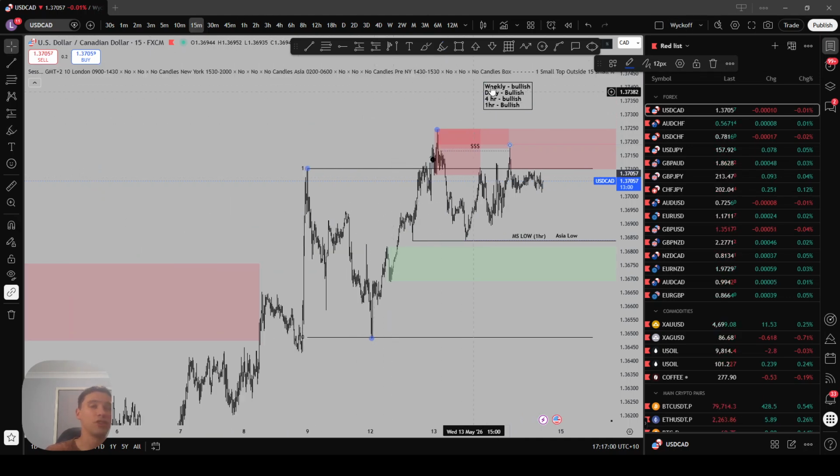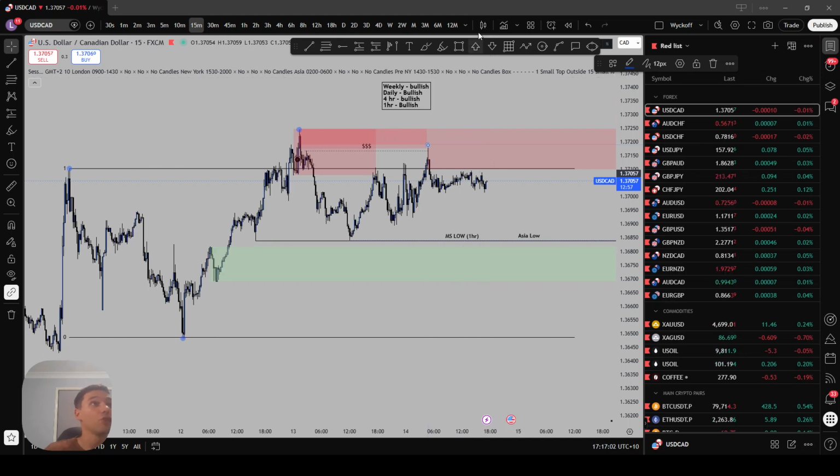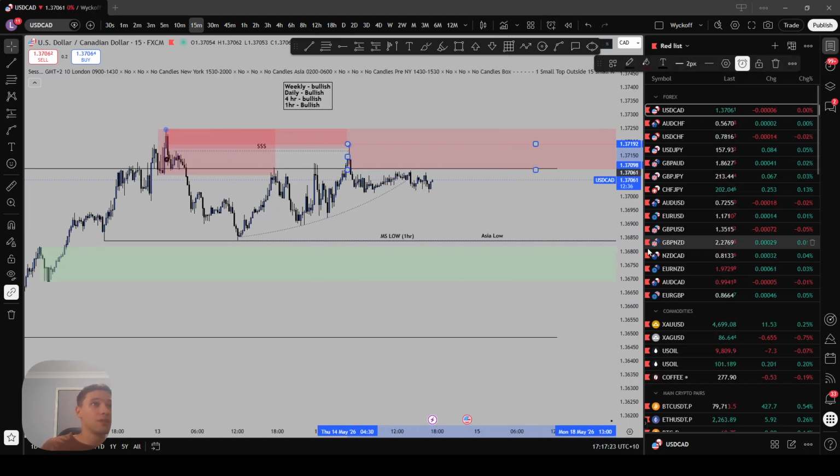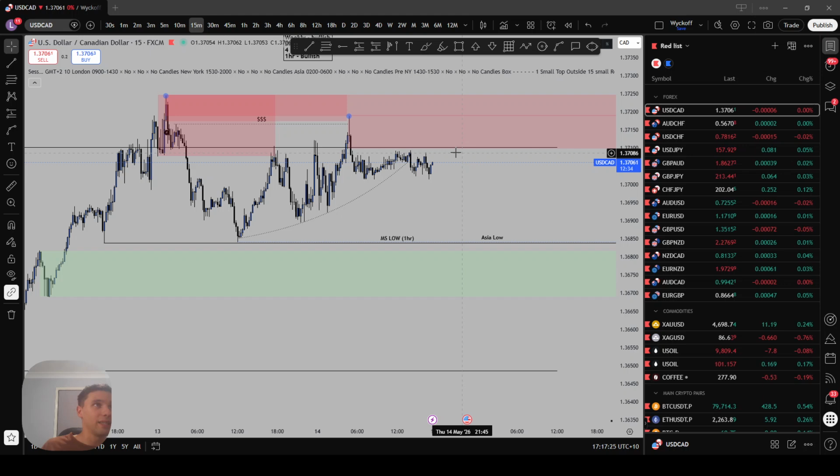Contextually, we're bullish, so you just have to keep that in mind. I do like the return to zone here. This local return to zone is not bad. Not bad at all. And yeah, we still have this supply above as well, so we'll see what price does when it hits this.